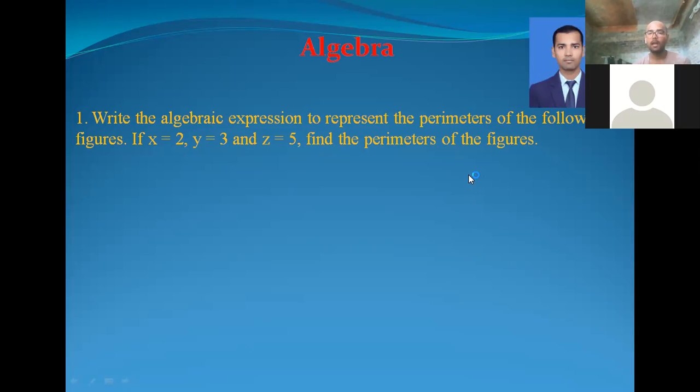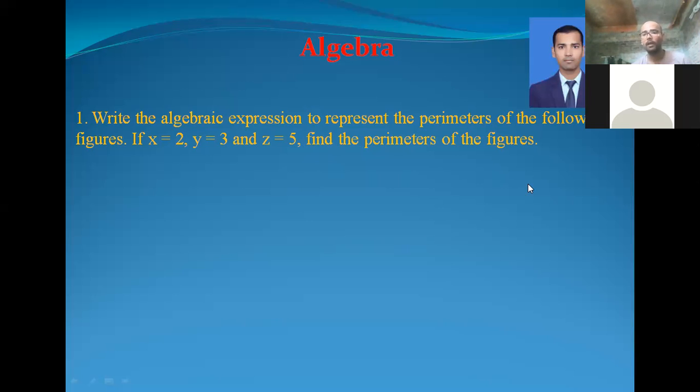And we have been given a picture with different variables or expressions, in the form of terms as well. We need to first express the figures in expression. Then after, we need to find the perimeters of the figure.